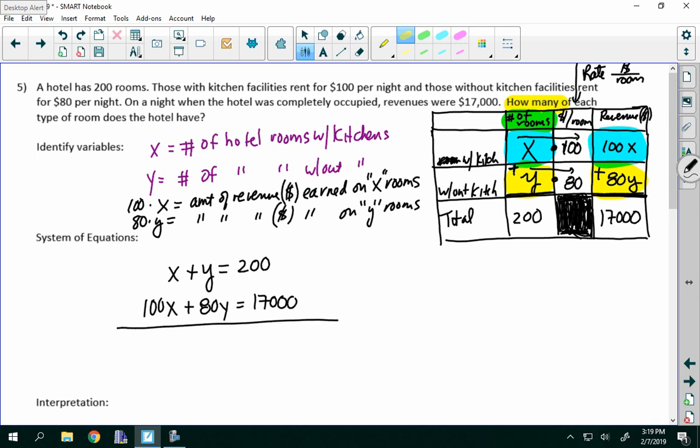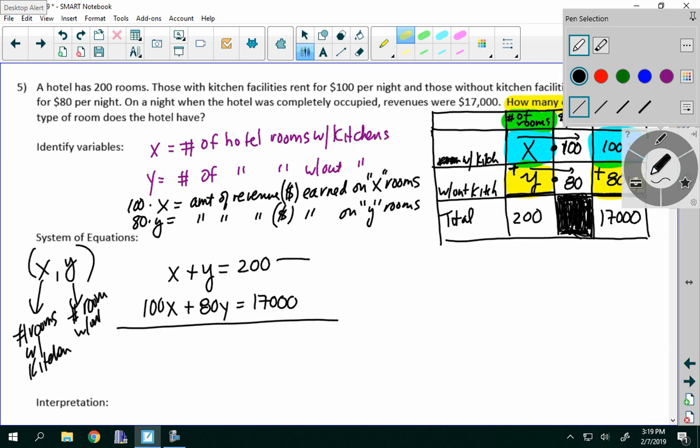And now we have to solve for both X and Y, where we've defined X to be the number of rooms with kitchen facilities and Y the number of rooms without. So as with some similar problems, I'm going to rewrite this equation either in terms of X or in terms of Y. My habit is I tend to solve that first equation for Y, and I get 200 minus X. And I always put that in parentheses.